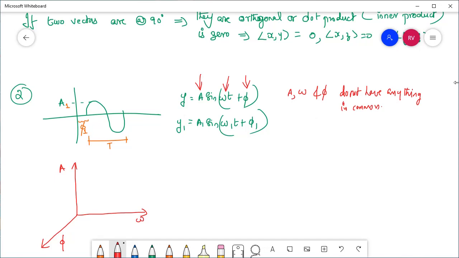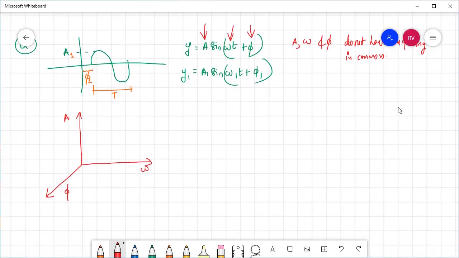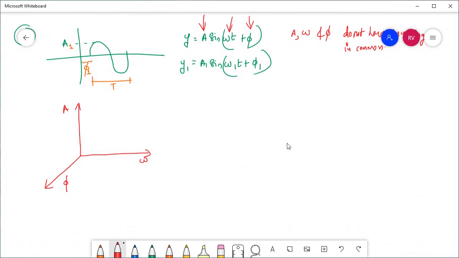Now a point here will have a value in A, a value in phi, and a value in omega.